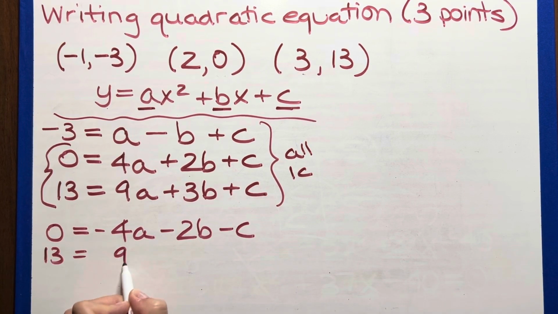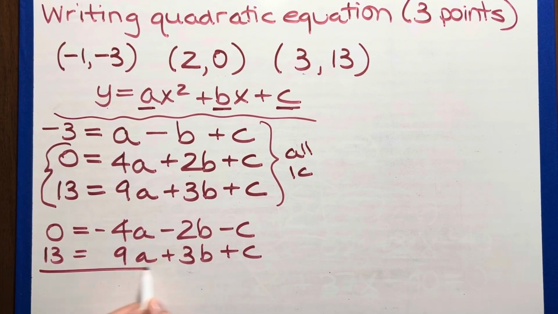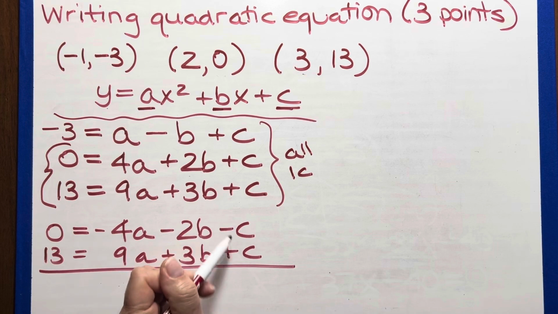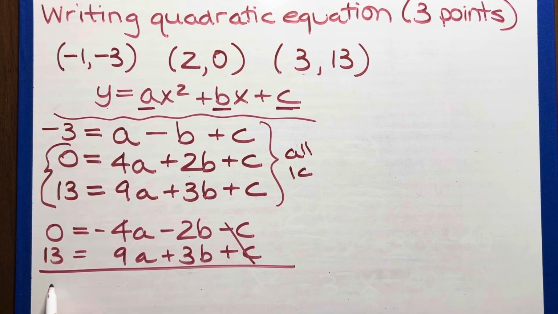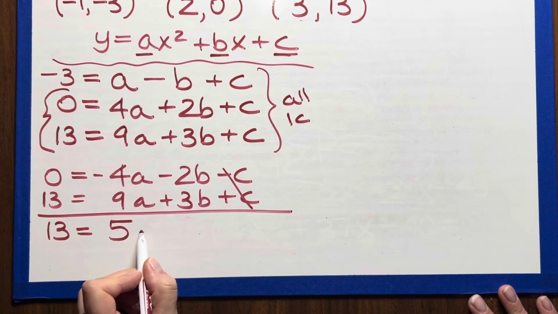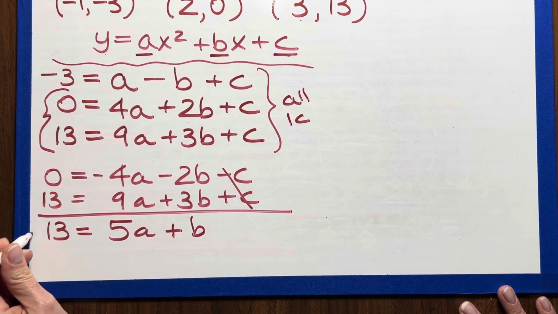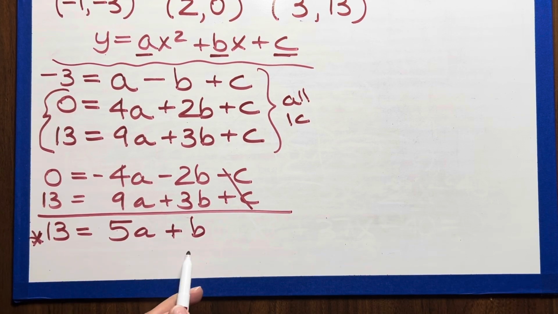If I keep my other equation the same and add them together, my c's are canceling out. I have 13, then I get a 5a, and I get a plus 1b. I'm going to star this because I'm going to need to go back to this equation later and use it to solve for A and B.